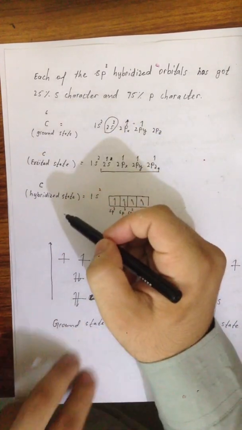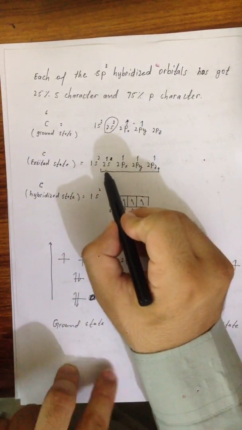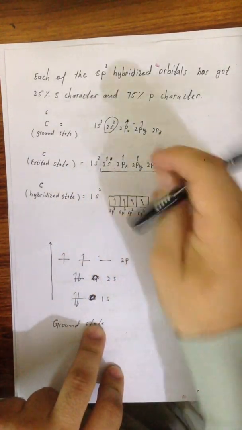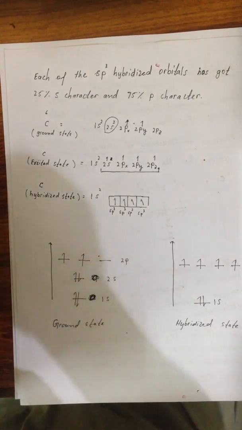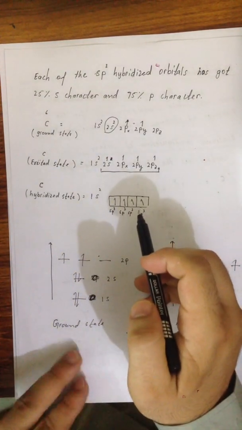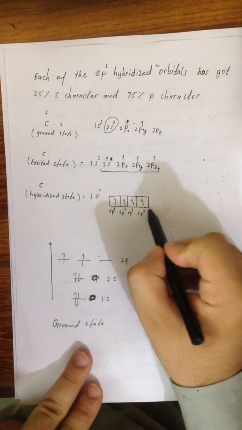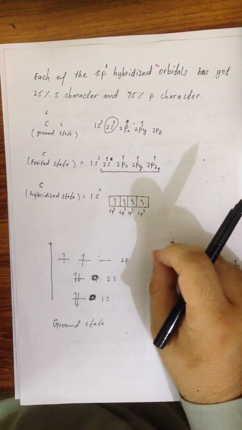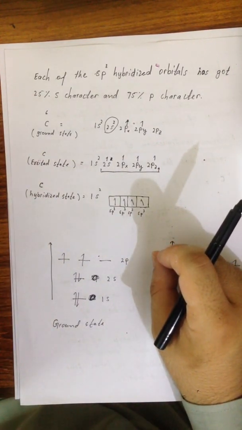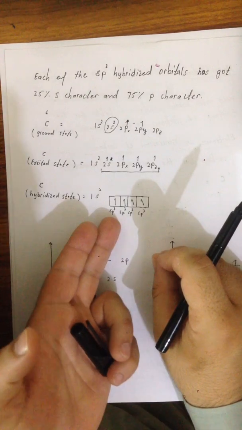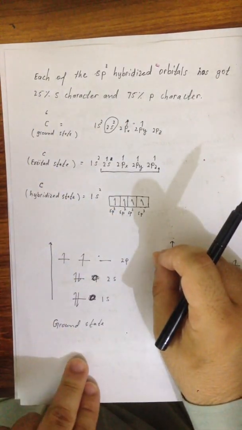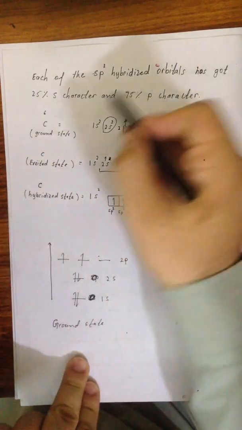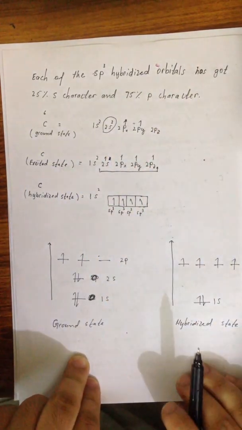In the next step, these atomic orbitals are going to come close to each other, mix into each other, or merge into each other, and they will give rise to a completely different set of atomic orbitals. The sp3 atomic orbitals. This is how hybridization happens.